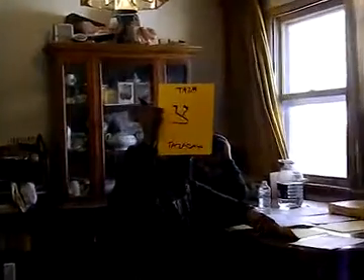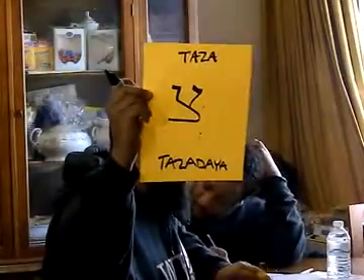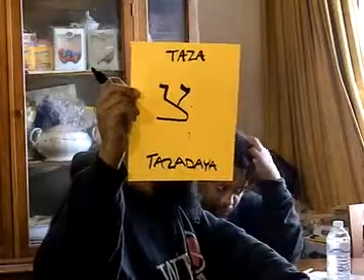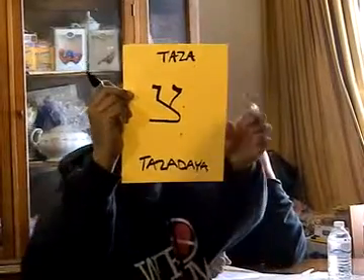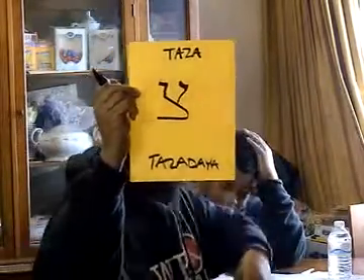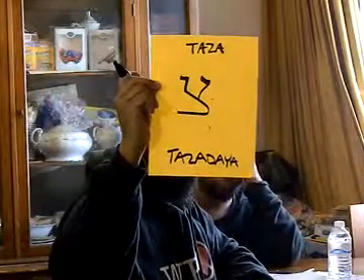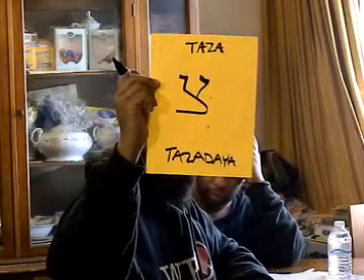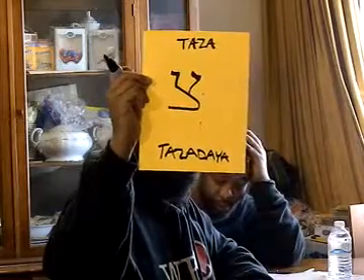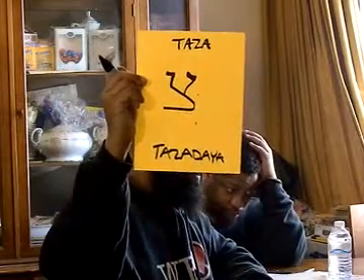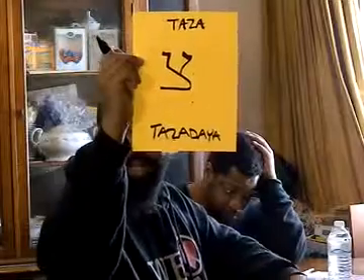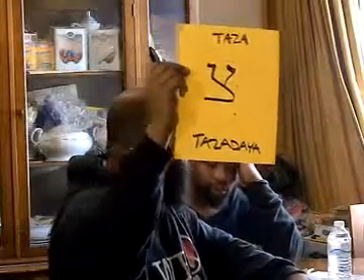It also looks kind of Y-ish, but then it has the hook that goes backwards like that. Taza. Everybody got that? Alright.